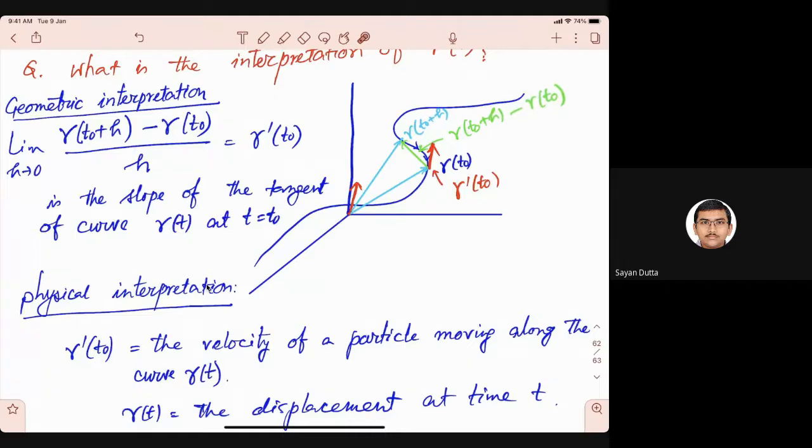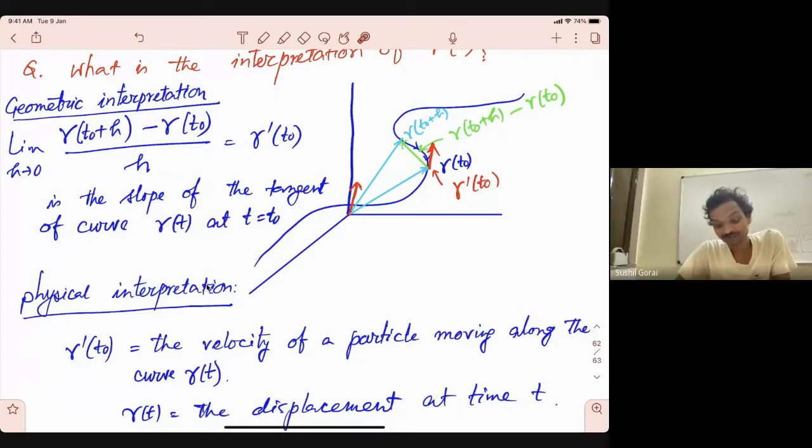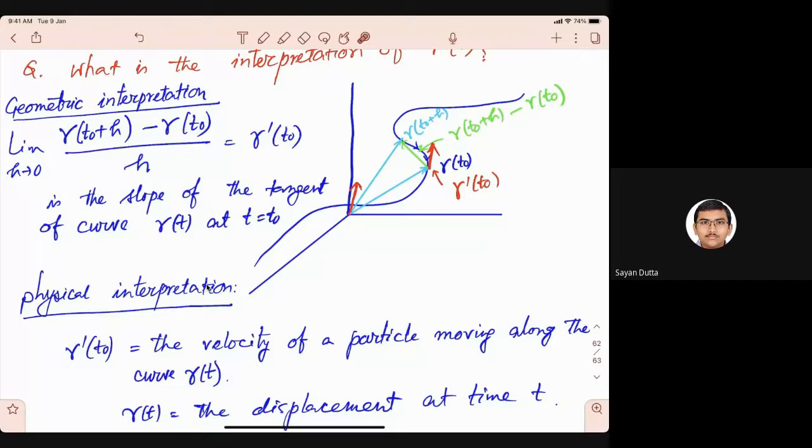If the vector is A comma B comma C, then the line passing through 0, 0, 0 and ABC represents that vector, right?